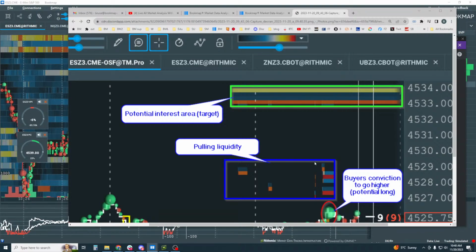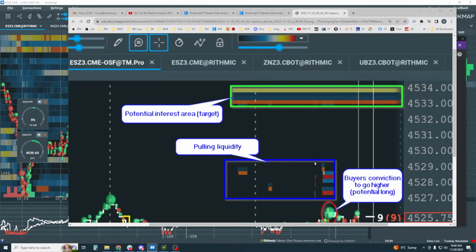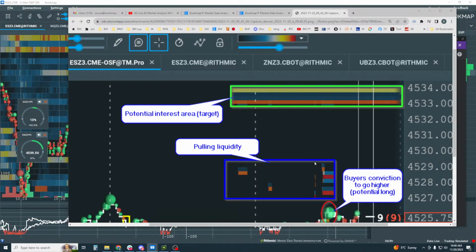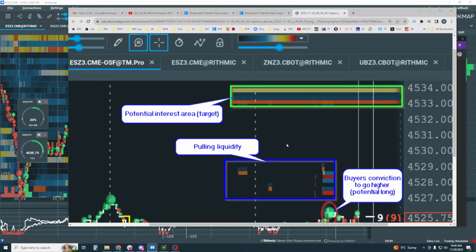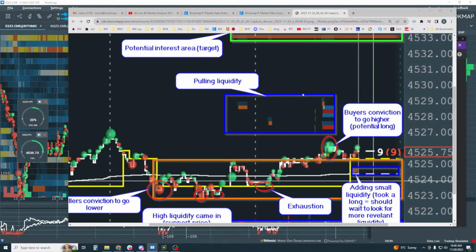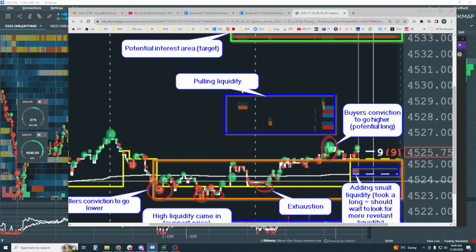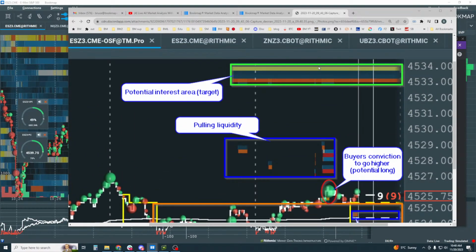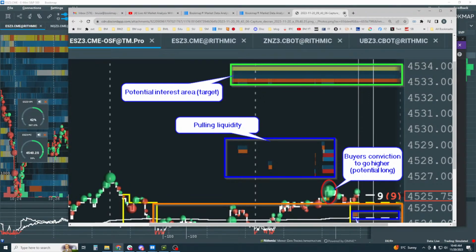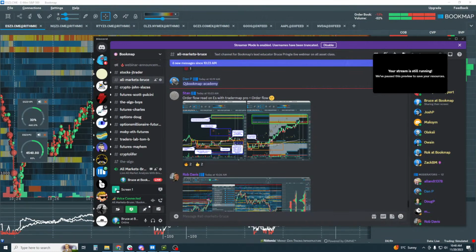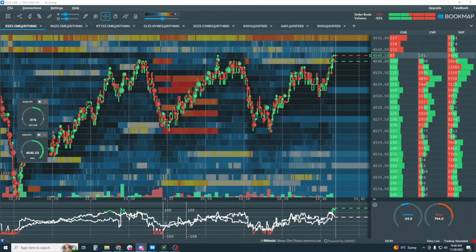That's critical. So this is not going to work on stocks. It may work on some crypto exchanges that have MBO data, but I don't think we have it working there yet. It will definitely work on CME instruments. Stan has very nicely seen some pulled or added liquidity, potential targets, etc. Good stuff, Stan. That's the next thing I want to go over.